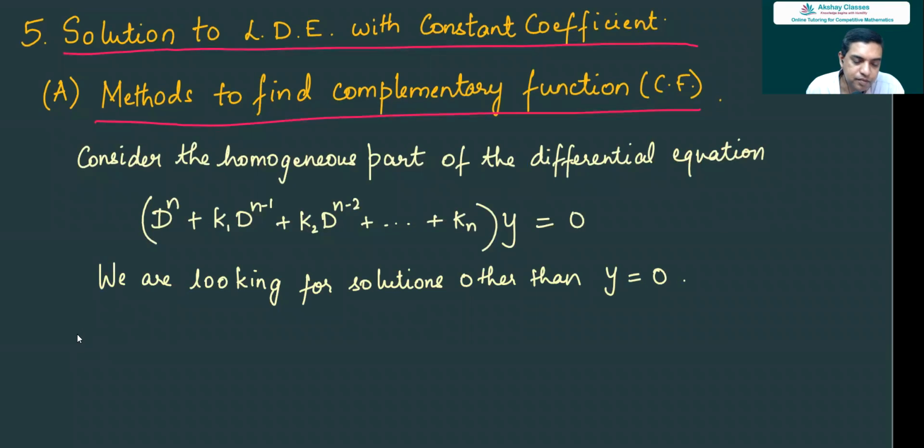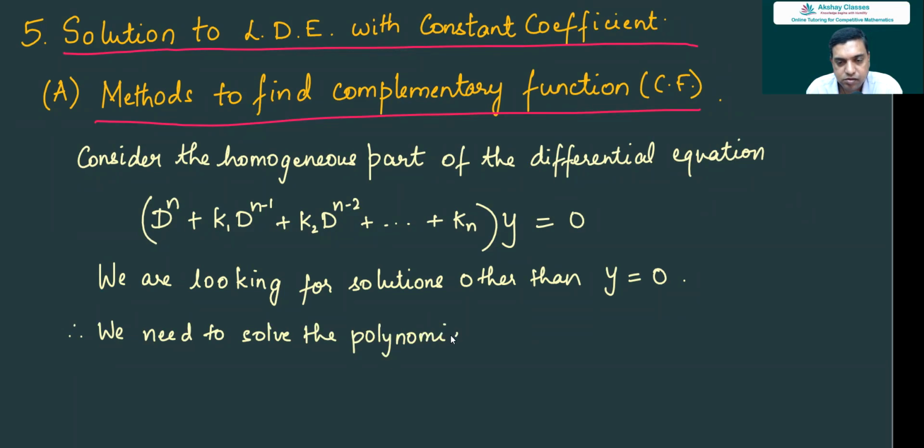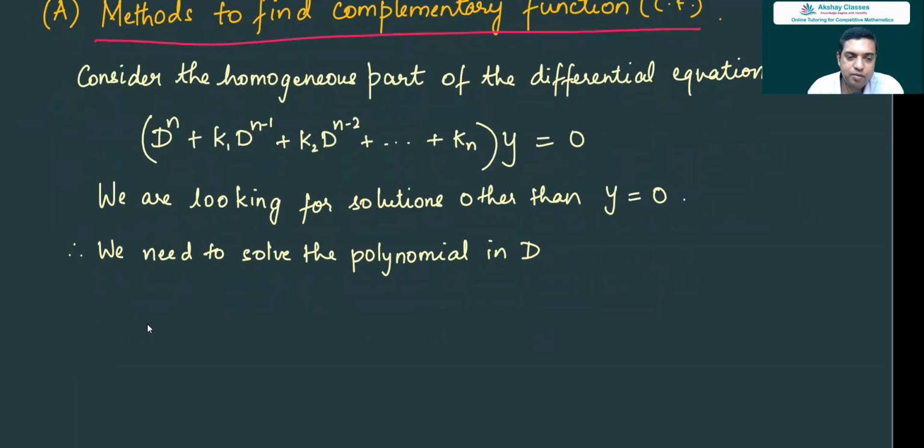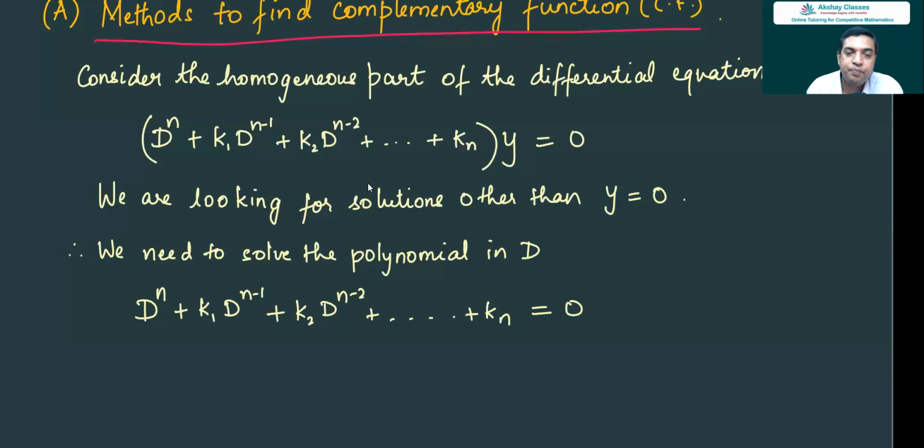Therefore, we need to solve the polynomial in D. What is this? D^n + k1 D^(n-1) + k2 D^(n-2) and so on, plus kn should be equal to 0. y cannot be 0, so this has to be 0.